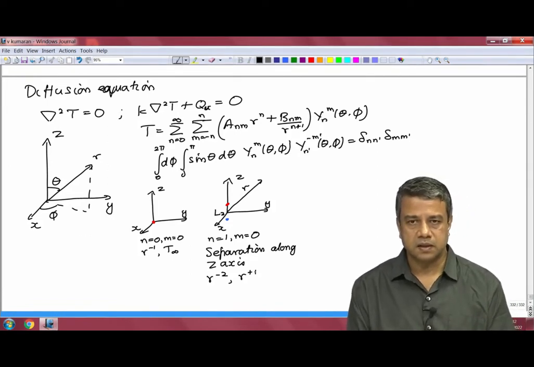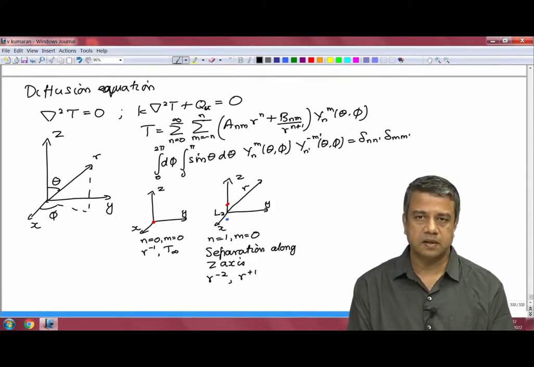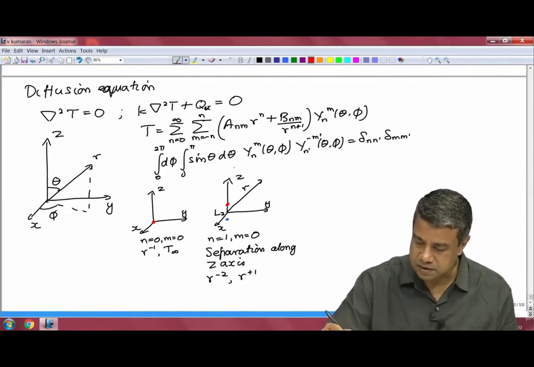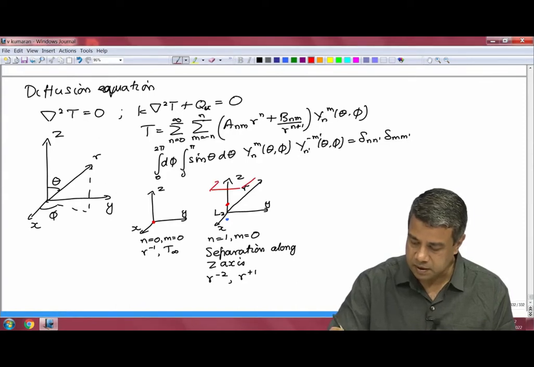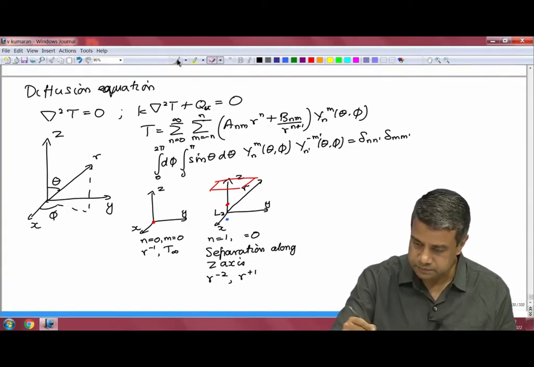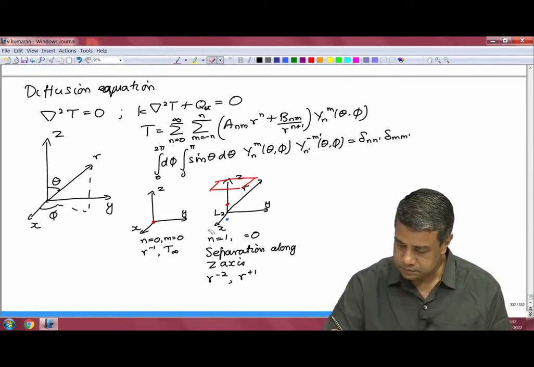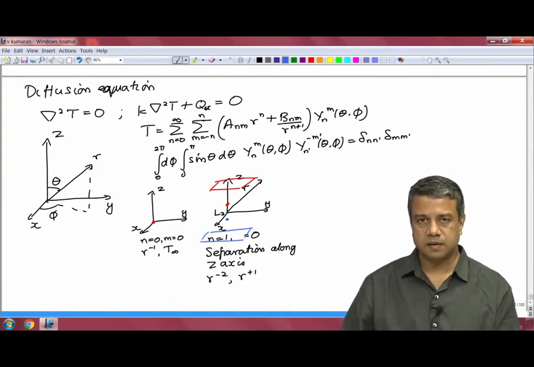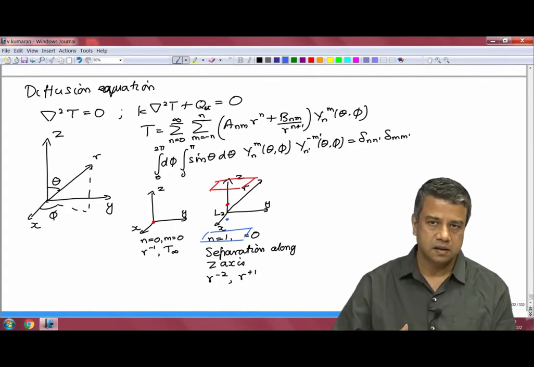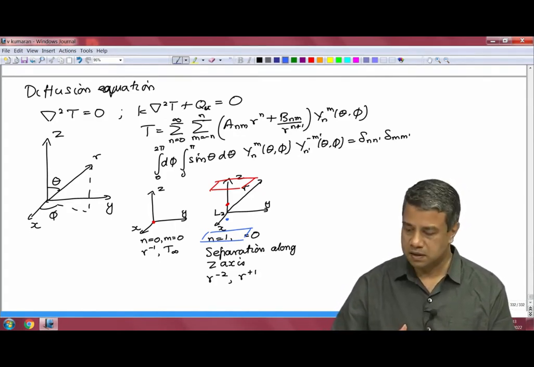The decaying harmonic is due to a source and a sink separated by an infinitesimal distance. The growing harmonic is due to surfaces far apart, separated by a large distance, where the flux lines are straight lines. Flux is a constant, and temperature increases proportional to r.